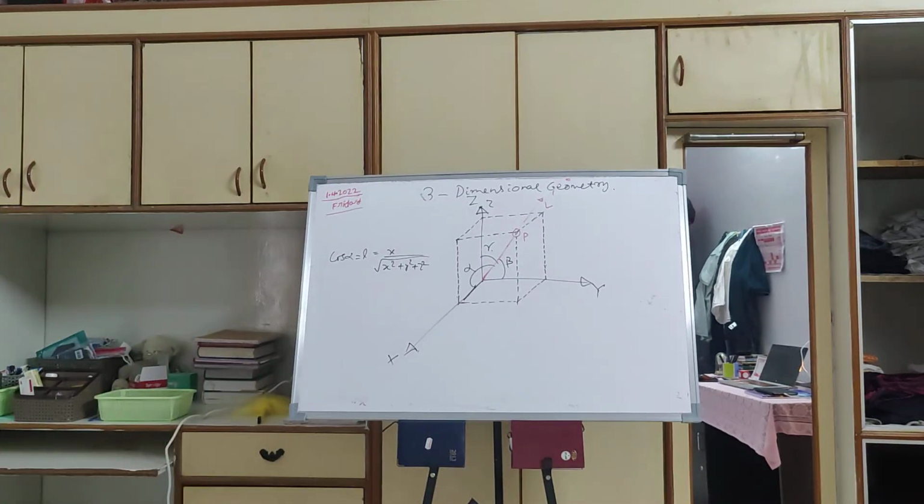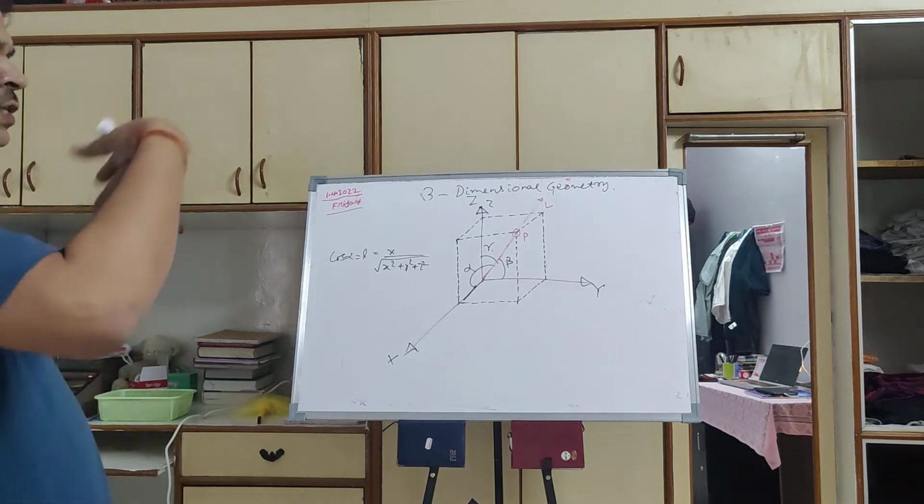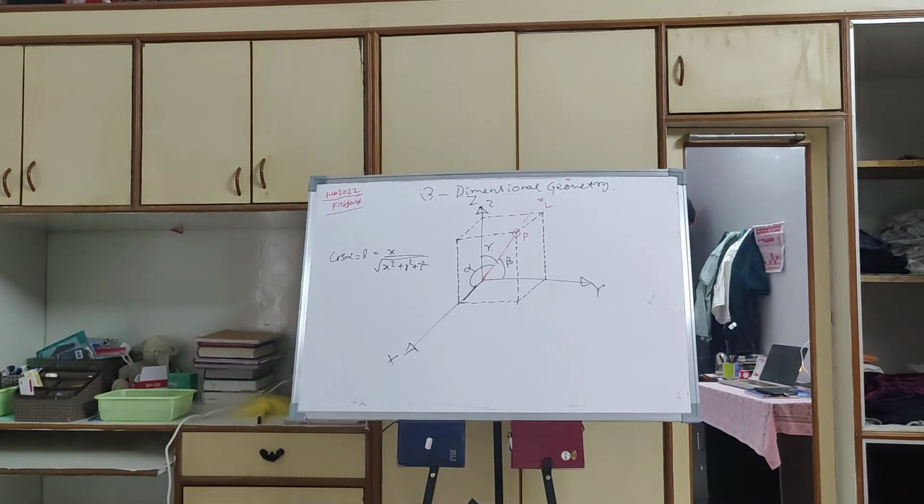So in this case, let A, B, C be the direction ratios of the line. Suppose it will have a magnitude. If you multiply the direction cosine with the direction ratio, you will get the actual magnitude.